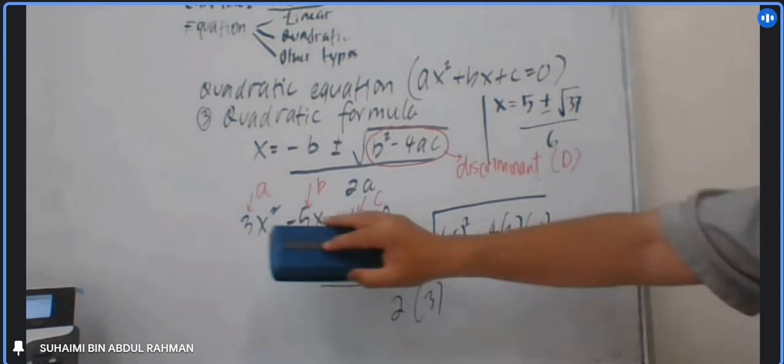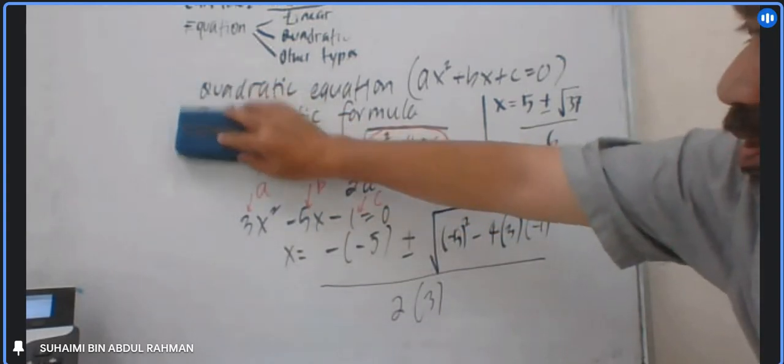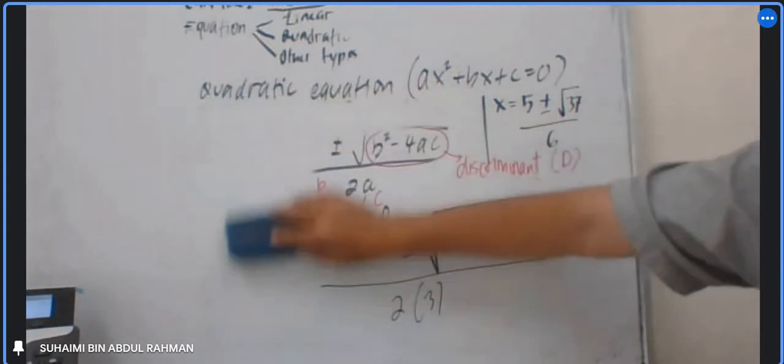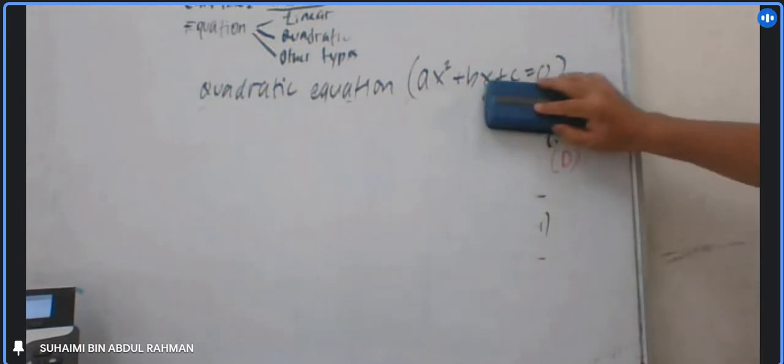So a quadratic equation has three types of solutions.